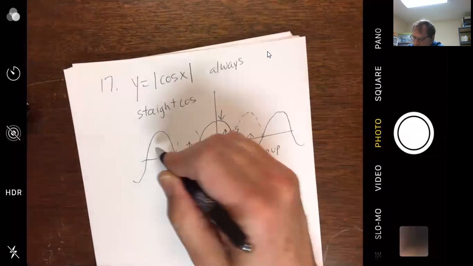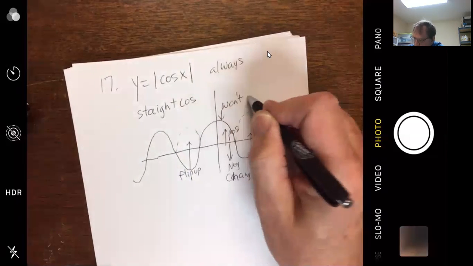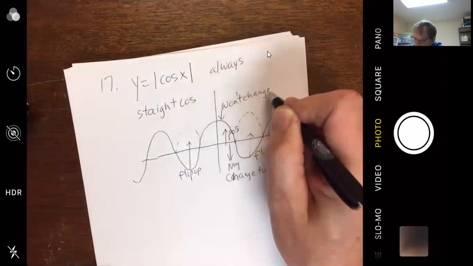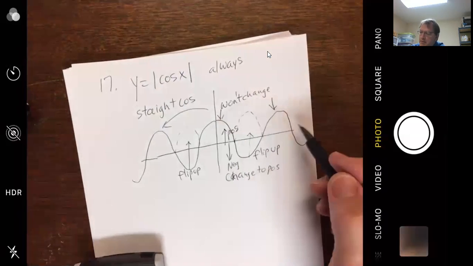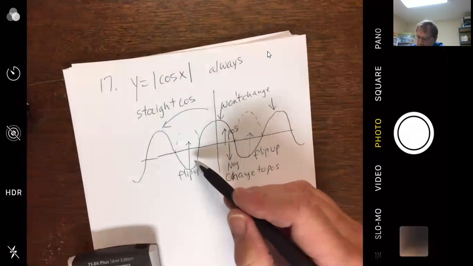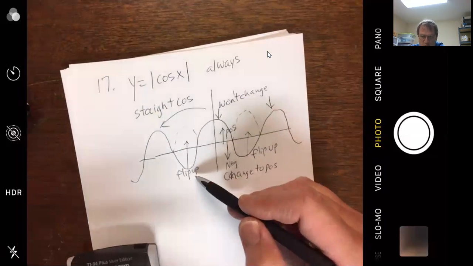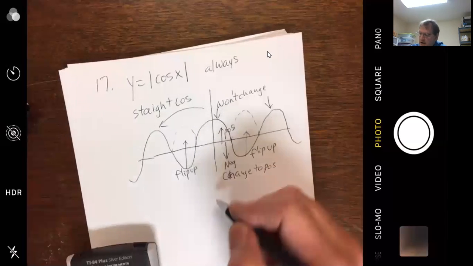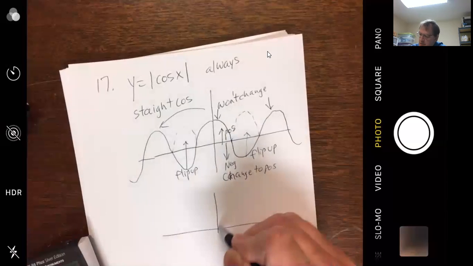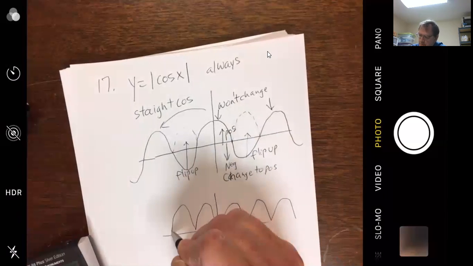But these up humps won't change. All the up humps will be fine. They're already positive. The negative values, where the x coordinates went negative on the circle, will flip up, and you're going to get literally a series of boom, boom, boom, boom, boom, boom.